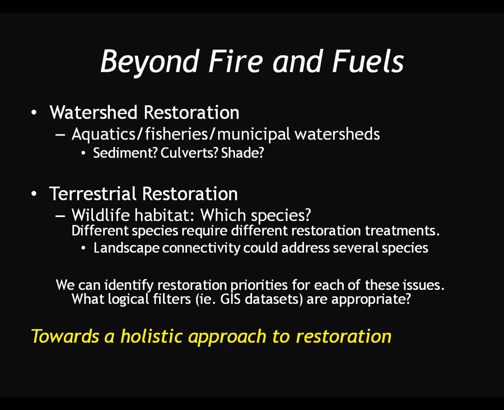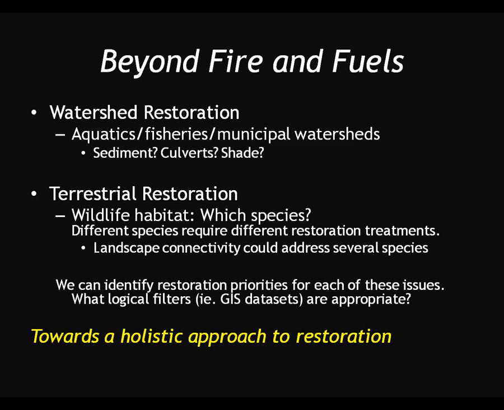There's a long list of potential restoration issues that we could address, but the challenge is really in identifying how do we target specific restoration tools to address specific restoration objectives. And it's only after we work through that set of priorities for each issue individually that we can then start to look at where they overlap at the end of this filtering process for each individual issue.